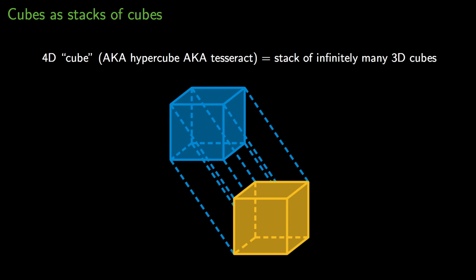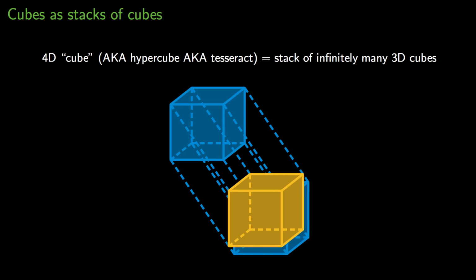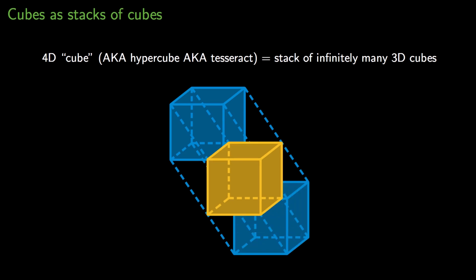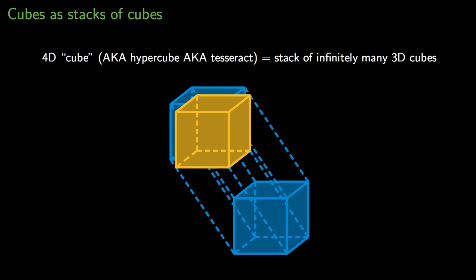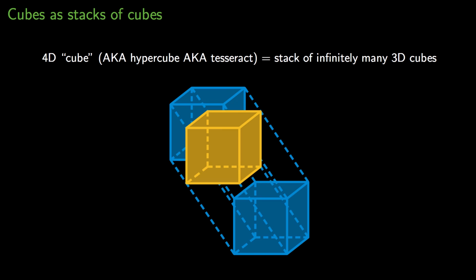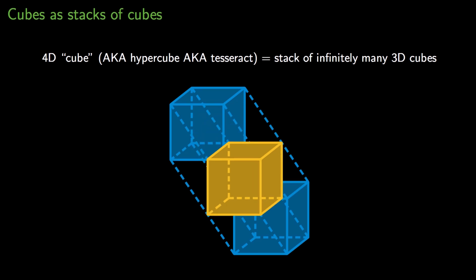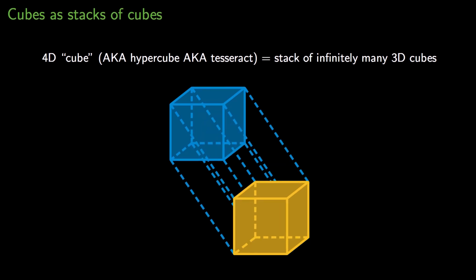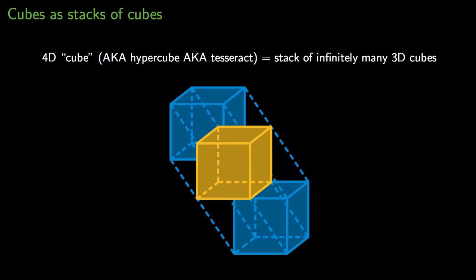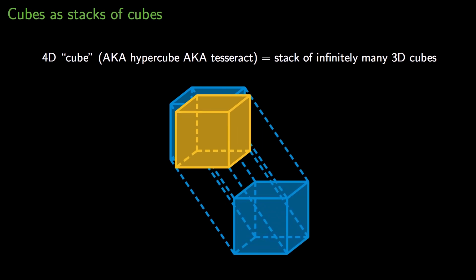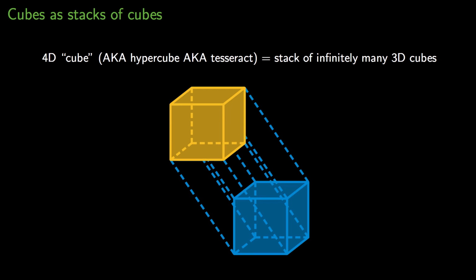And this is going to be weird because as I stack the cubes in our little pathetic 3D world, all of the 3D cubes are going to overlap. Technically in 4D world, they're not supposed to overlap, but here they do, and that's okay. So if we stack up infinitely many of these 3D cubes, we are going to create a 4D cube.